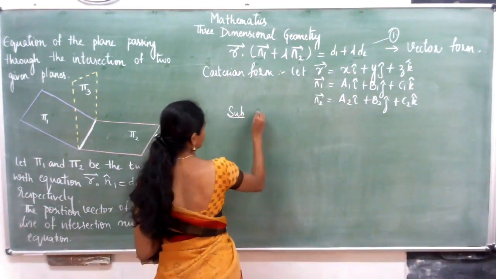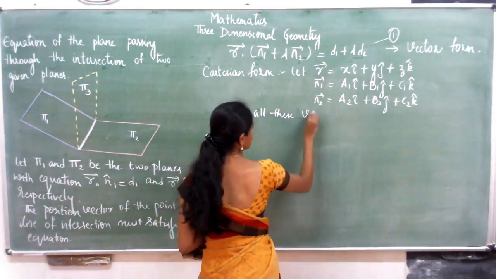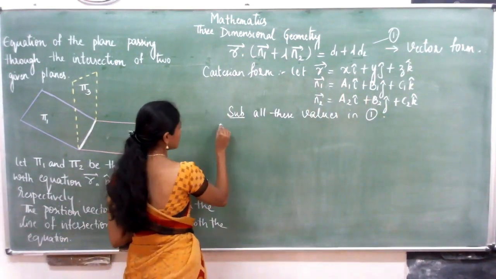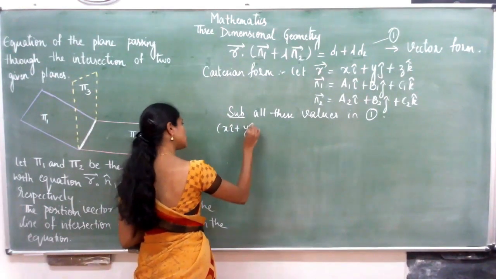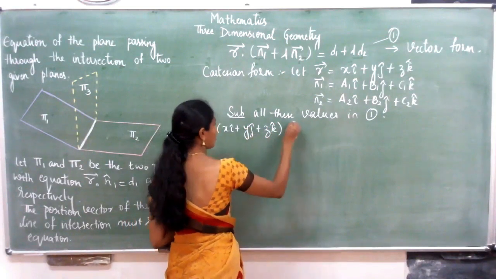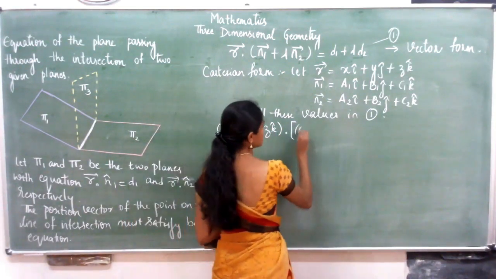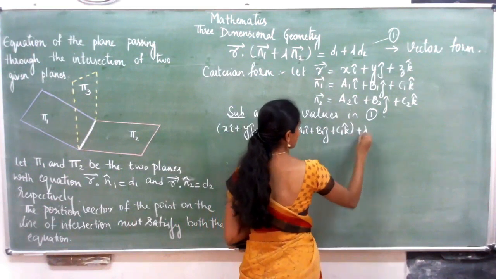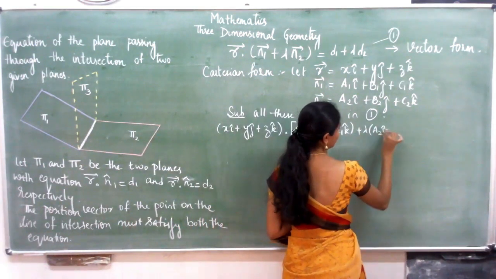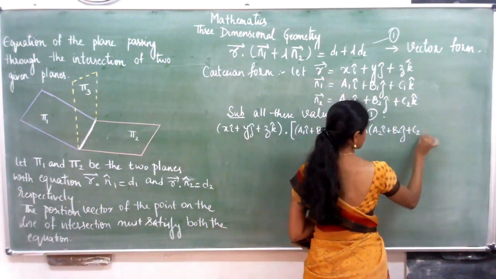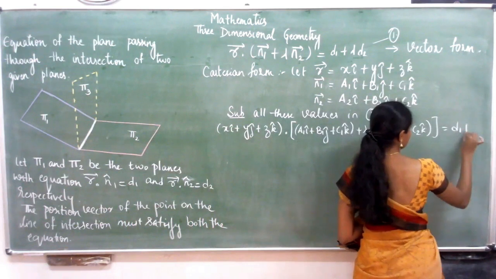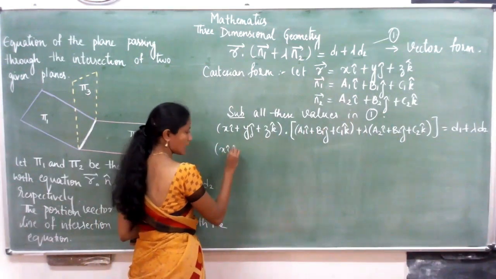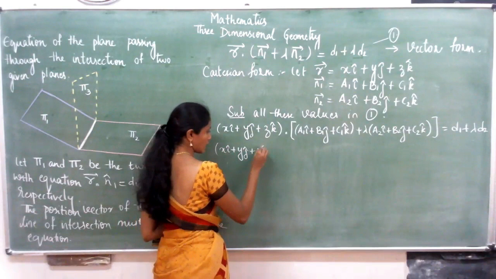So substituting all these values in equation number 1, we get vector r, which is x i cap plus y j cap plus z k cap, dot a1 i cap plus b1 j cap plus c1 k cap plus lambda times n2 vector, which is a2 i cap plus b2 j cap plus c2 k cap, is equal to d1 plus lambda times d2.